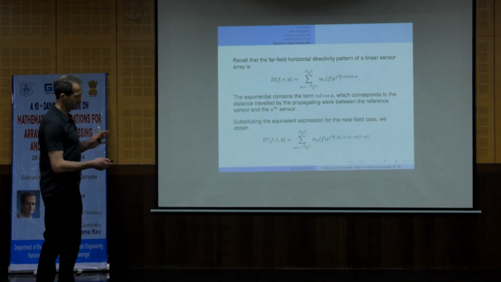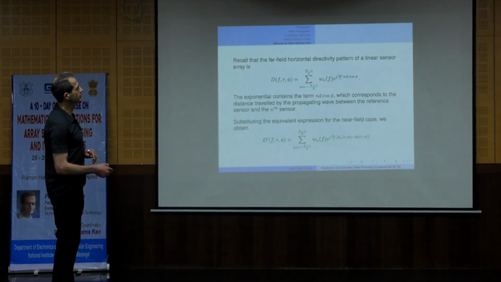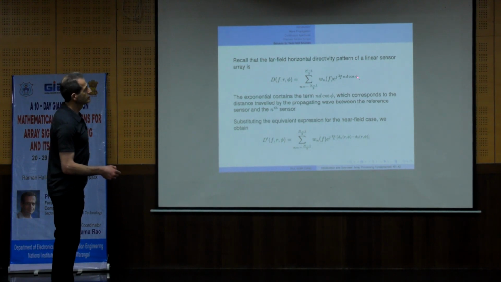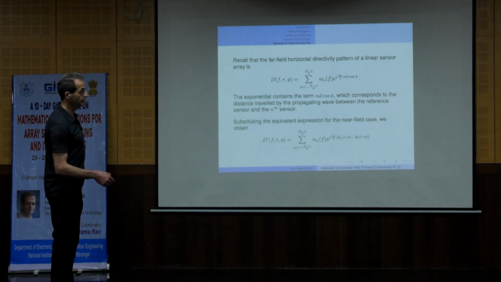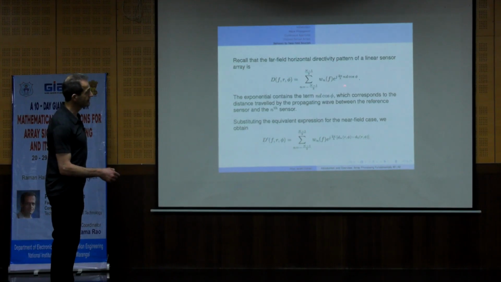It's just that this expression is for a symmetric array. So we need to change this nd cosine phi, the distance, by this distance, because this is more general for spherical waves. If we replace the spherical wave by a plane wave, we get nd cosine phi.